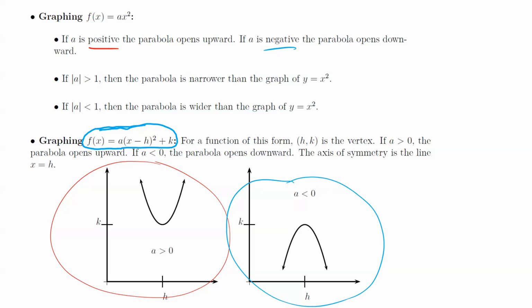Keep my color coding consistent. There you go. A greater than 0 opens upward. Less than 0 opens downward. And then the axis of symmetry is x is equal to h, and the vertex is h comma k.